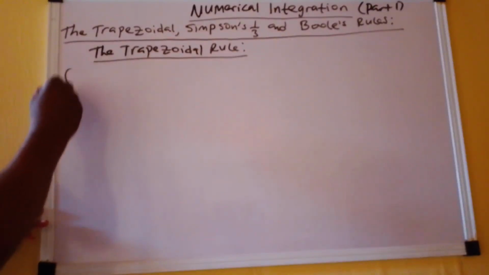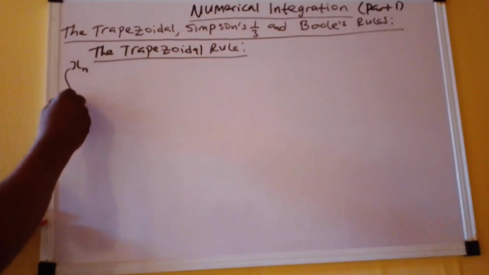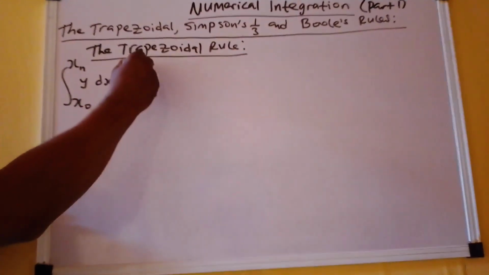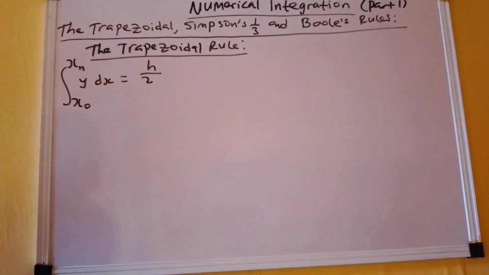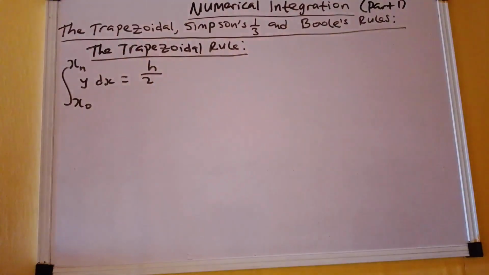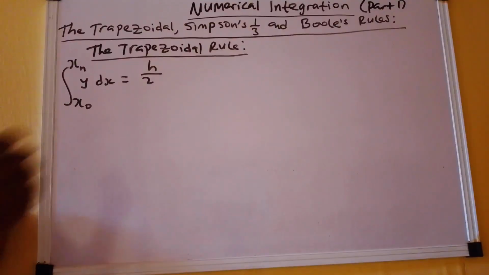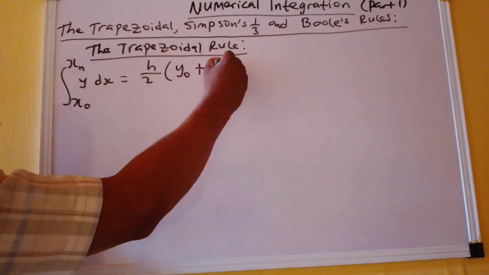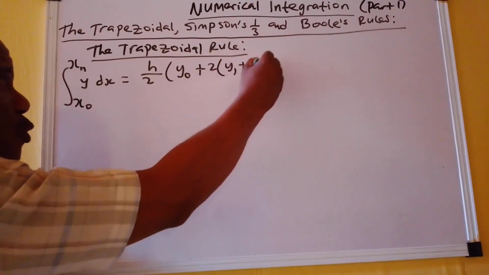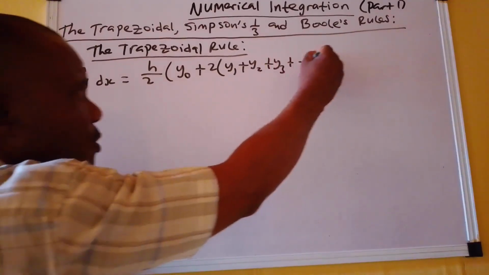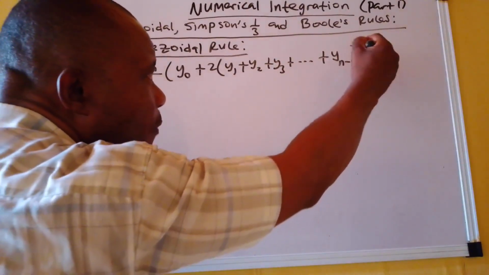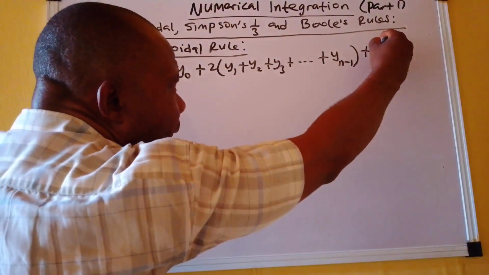The trapezoidal rule is given like this: the integral from x naught to xn of y dx is equal to h over 2, where h is the step length for x, times y naught plus 2 times y1 plus y2 plus y3 up to yn minus 1, that is the second to the last value of y, plus yn.